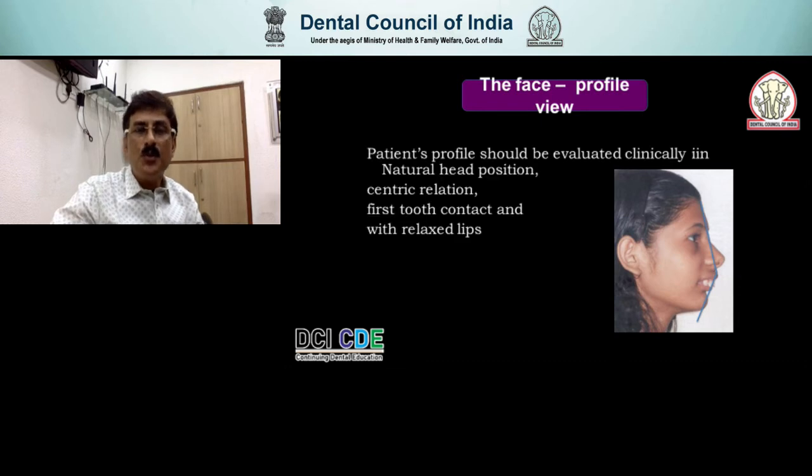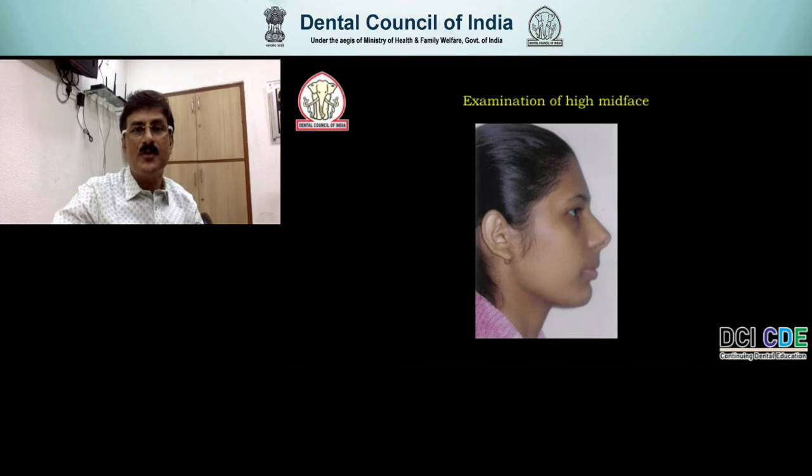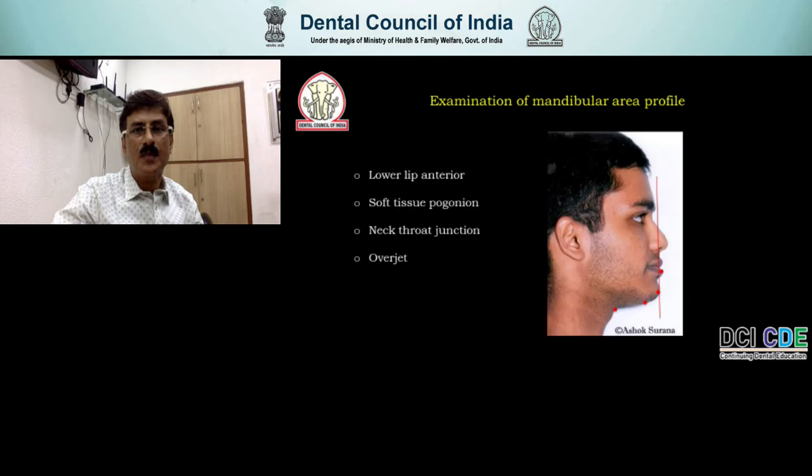The patient's profile should be evaluated in a natural head position, clinically, in centric relation, at the first tooth contact with relaxed lips. This is it. You examine the big face also. And then the mandibular area, especially the neck-chin or neck-throat junction.